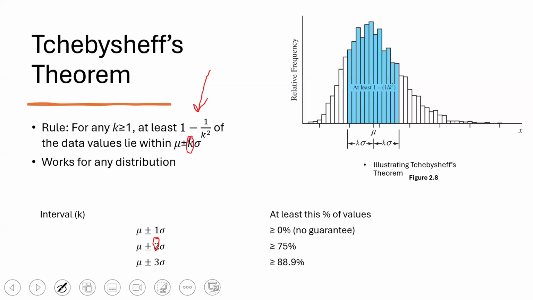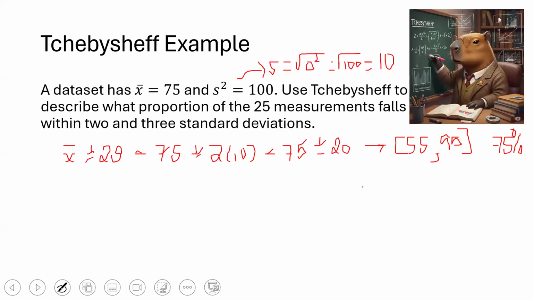So plugging in 2 here, we'd have 1 minus 1 over 2 squared, or 1 minus 1/4. 1 minus 1/4 is 3/4, or 0.75, so 75%. All right, so 75% of our data we're guaranteed to find in the interval 55 to 95.